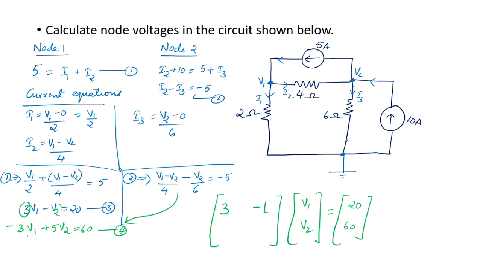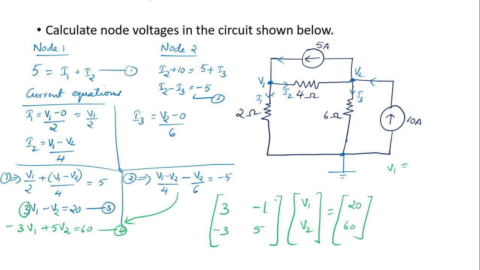Then the next term is minus 3 and the next term over here is 5. So you just write down in an orderly manner 3, minus 1, minus 3 and 5. But please make sure that the values are in the proper order: first V1, then V2. Please make sure that you are following this procedure before you fill out the matrix, and we need to find out the values of V1 and V2.